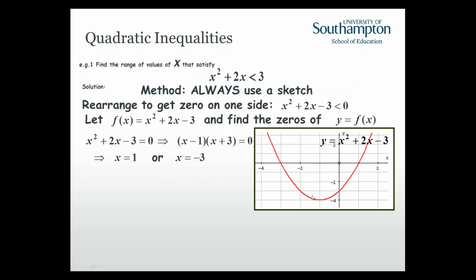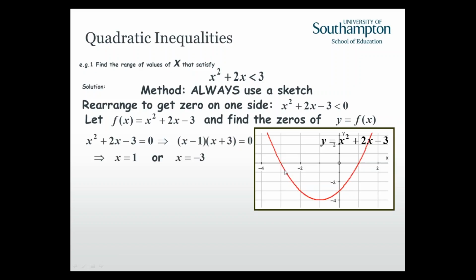So this is the curve of x squared plus 2x minus 3. We want where it's less than 0. So that's basically saying where the y values are below 0, so that's below the x-axis. So we're saying, okay, what is the range of values that satisfy when this graph, x squared plus 2x minus 3, is below the x-axis?